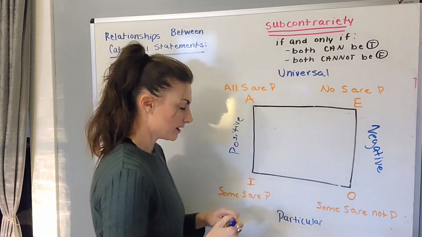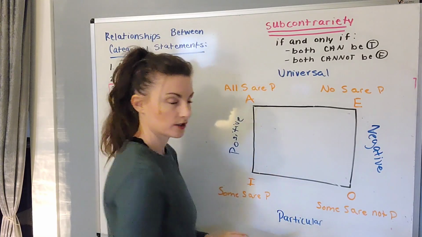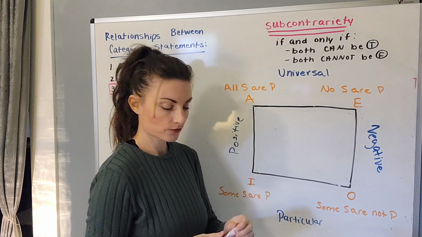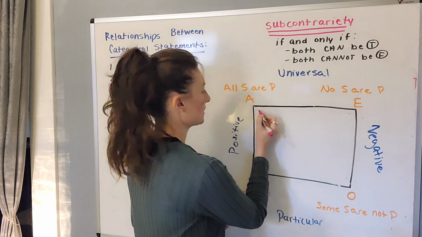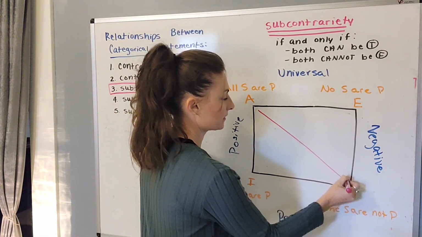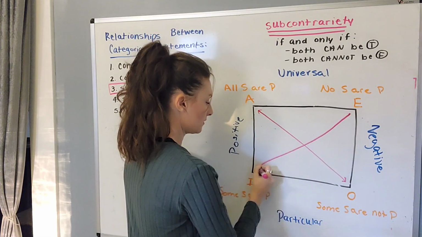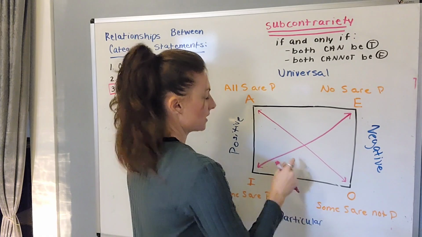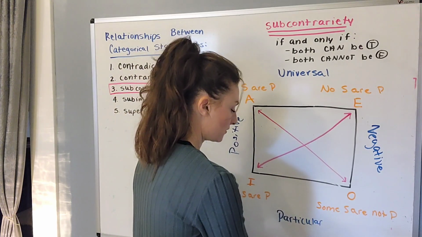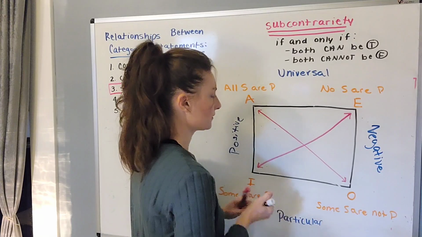All right, now we will start getting into our relationships here. We're only going so far as what we've already covered. The first thing we covered was contradiction. A and O contradict, and they do it back and forth, so they both contradict one another. It's not one way. And what contradiction means is one is true and one is false.